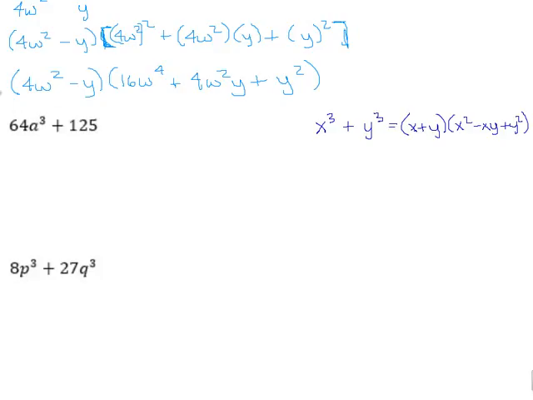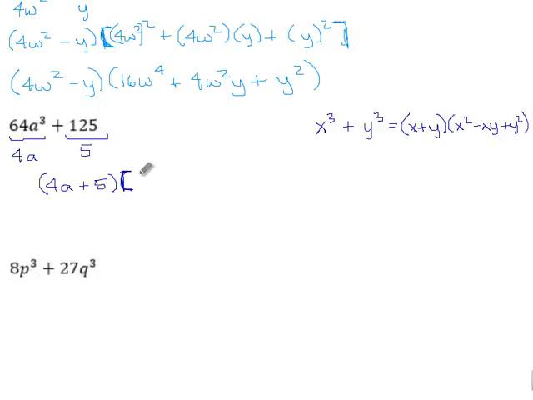So if we do that with this one, the first cube root is going to be 4a. The second cube root is just 5. So, according to our factorization formula, we get first plus second, square brackets this time.